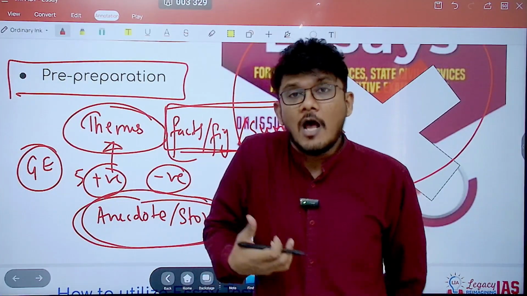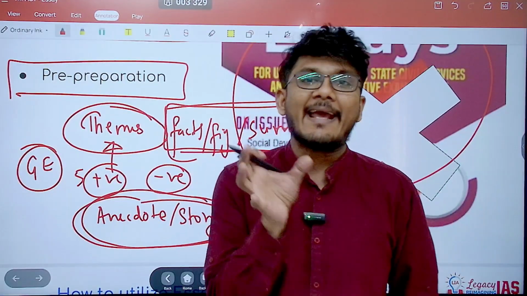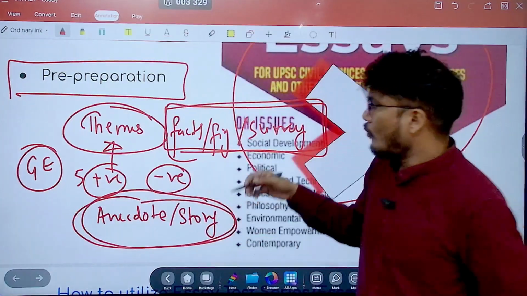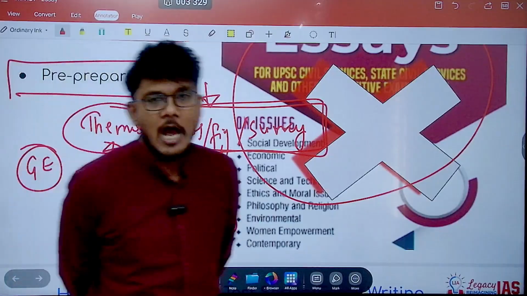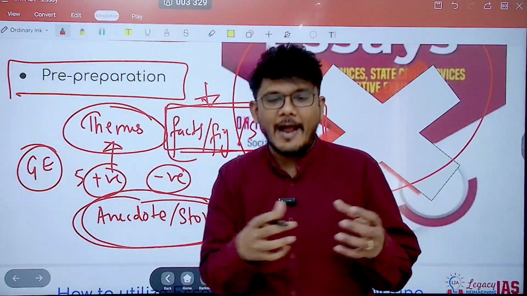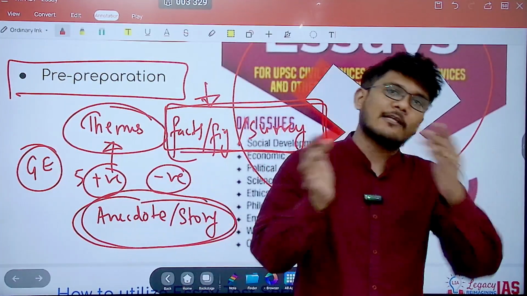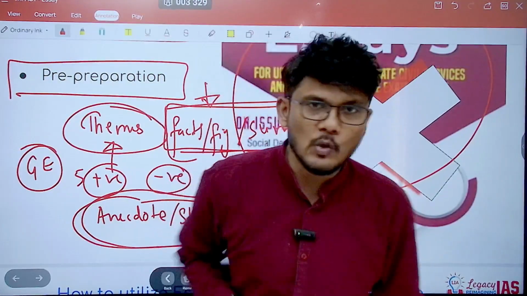This is a better way of creating impact in an essay, and that kind of sentence will be required. So when I say you should have some facts, figures, surveys, etc., I'm not just saying mention a random fact. Try to write that fact in an innovative way, in a way that you can directly utilize in your essays. That is what is going to help you excel.